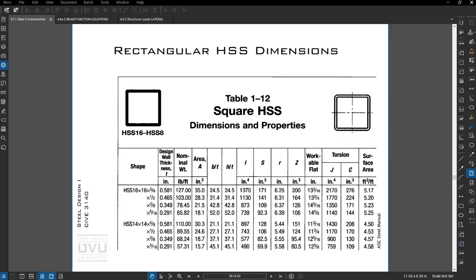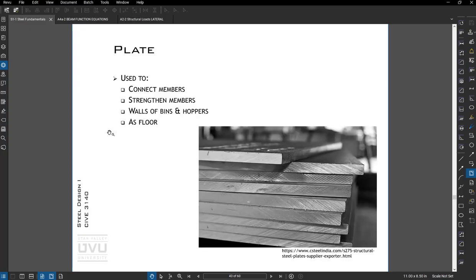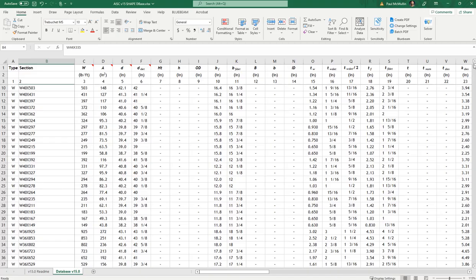Okay, this is the online shape database tool. This will give you some of the properties, but not all of them. Let me pull up another database for you here. Okay, so this Excel file has all of the geometric and section property data for all of the available AISC shapes.